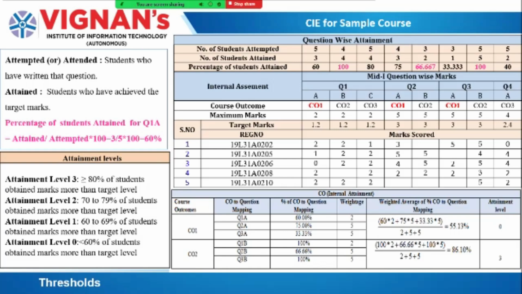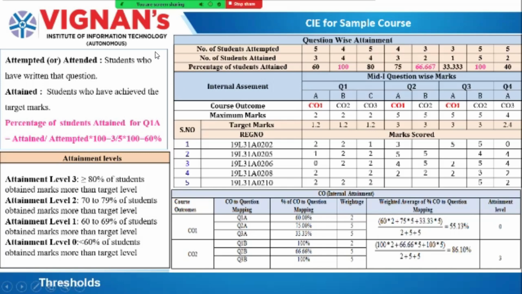Okay, but one more point is here. If you observe the red colors, CO1, CO1 and CO1. So here in every question the A bit covers the CO1. So here you have to find the CO attainment based on the CO. That's why here the CO covers question 1A, question 2A, and question 3A.